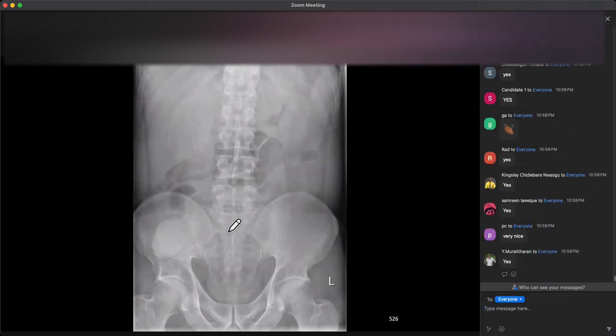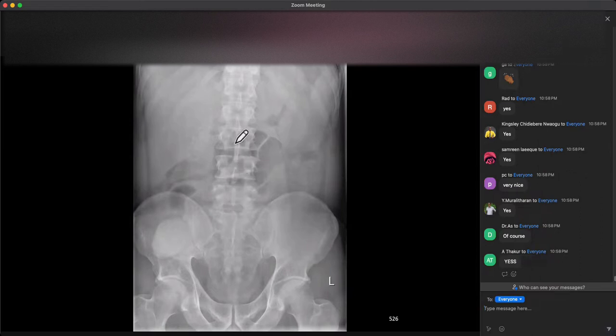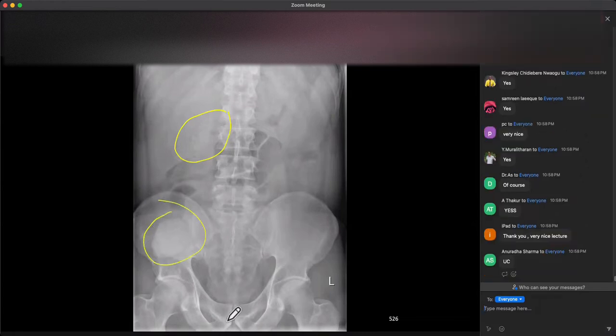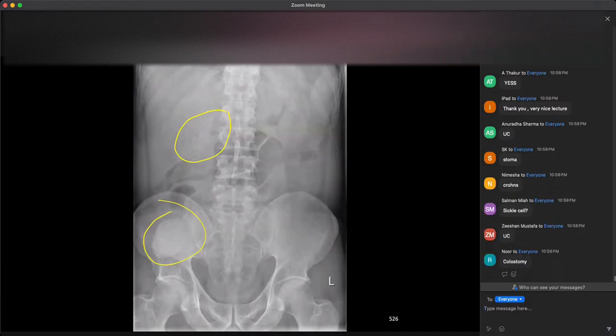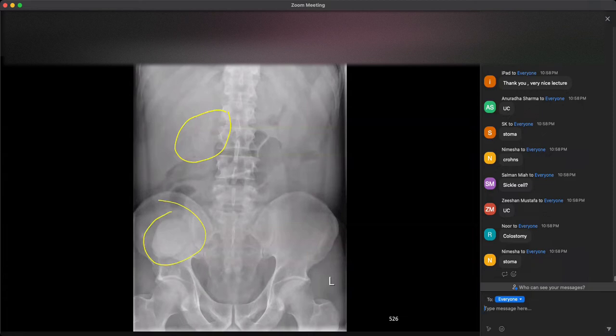What do you think is the association between these gallstones and this structure here? Yeah.